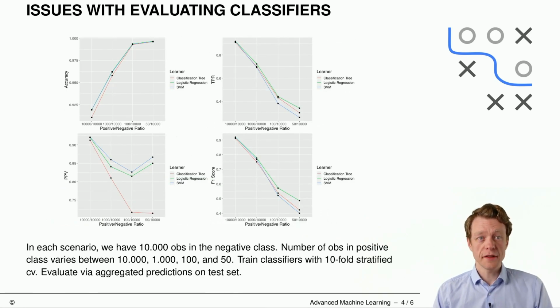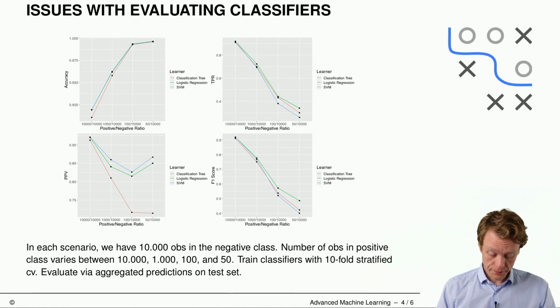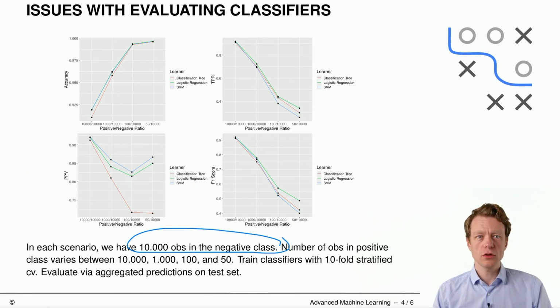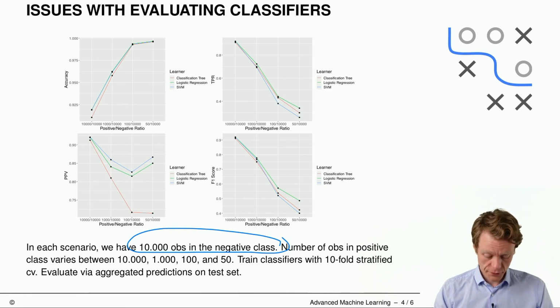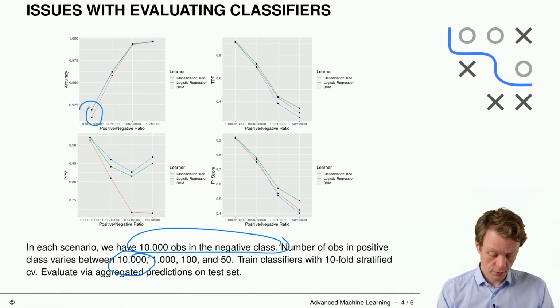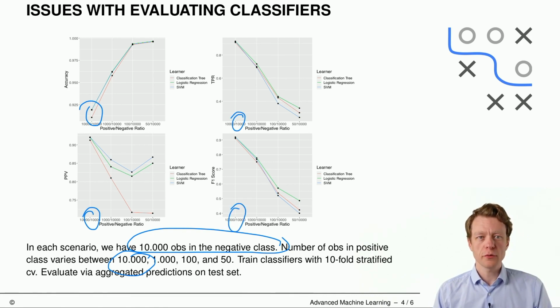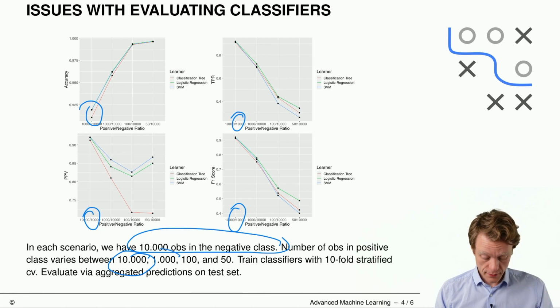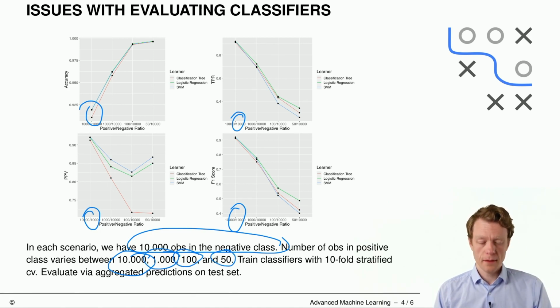I'd like to visualize this here with a small benchmark study where we always have 10,000 observations in the negative class, and then we have different scenarios for the positive class. The first scenario is 10,000 observations also in the positive class. Then we have a ratio of 1:1. So these are the values on the leftmost side of those four plots. And then the number of positive instances decreases from left to right.